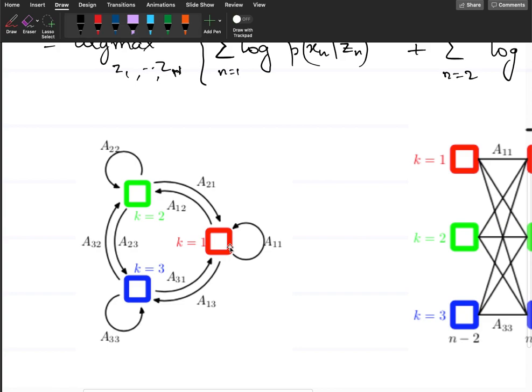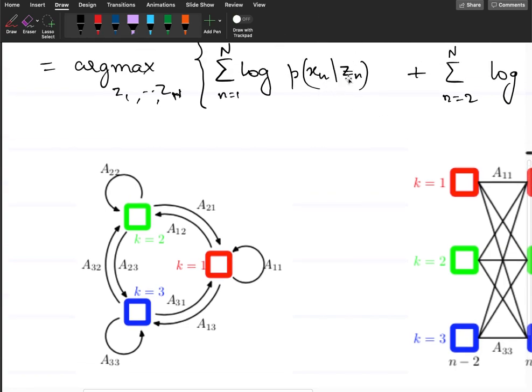You are sitting in this state with some initial probability pi of this state, then you emit something, P of X1 given Z1, which is this term. Then you make a transition to the next state, or a self transition on the same state. There are 3 possibilities: you either stay on the same state, go to 2 or go to 3.